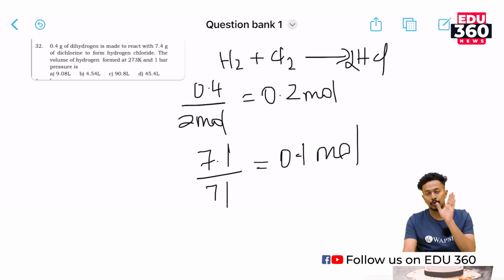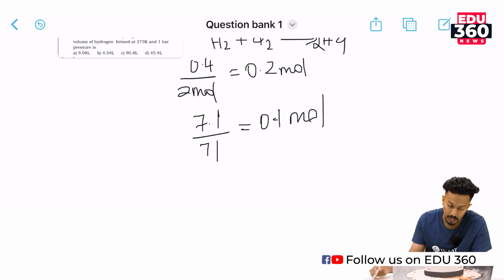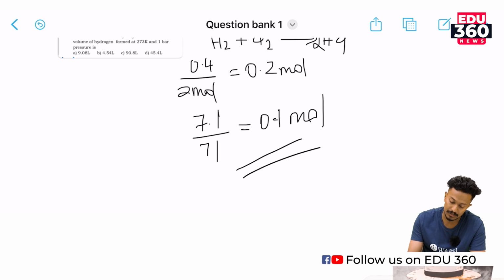We have 0.2 mole of dihydrogen and 0.1 mole of dichlorine made to react here. So the limiting reagent here is chlorine because it has a lower number of moles than hydrogen. Yes, chlorine is the limiting reagent.